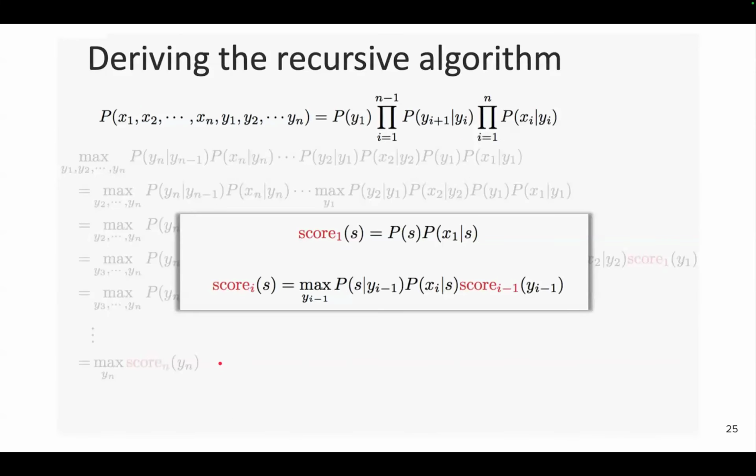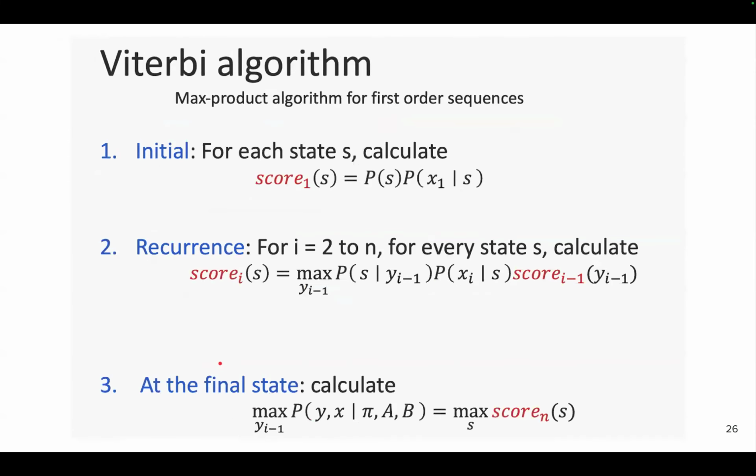And let me then get into the final overview of the algorithm. In the Viterbi algorithm, we are going to have our initial step. For each possible state, so for each possible part of speech, we are going to calculate score 1, which is the initial probability of seeing that tag times the probability of seeing the first word given that tag.